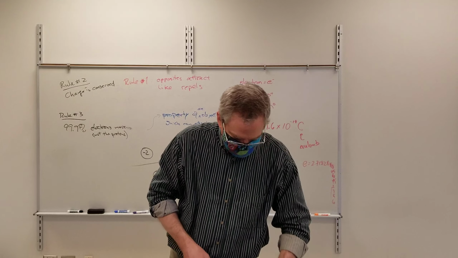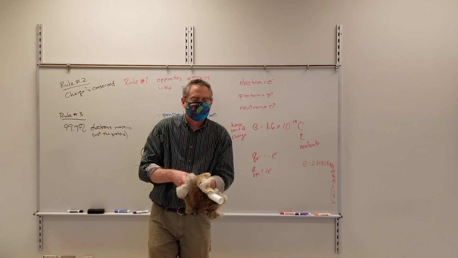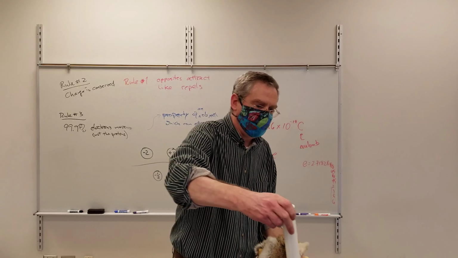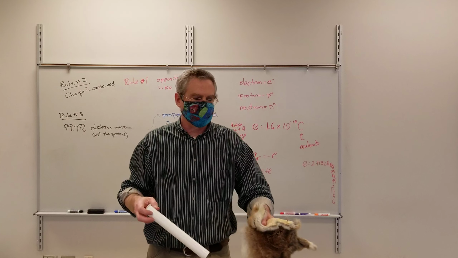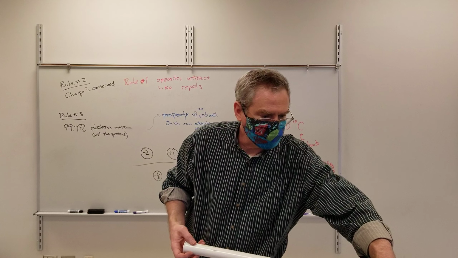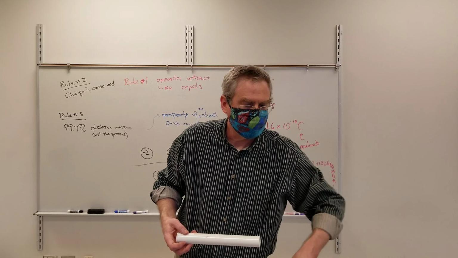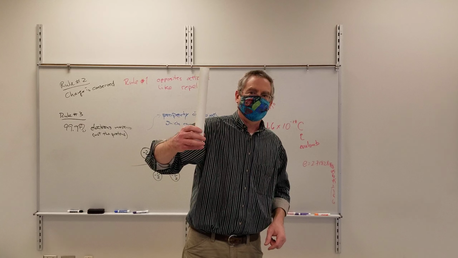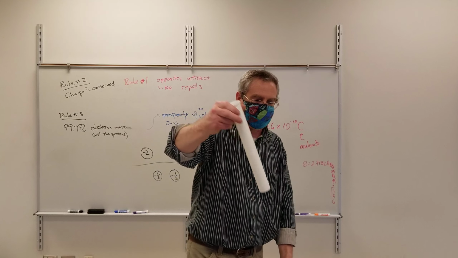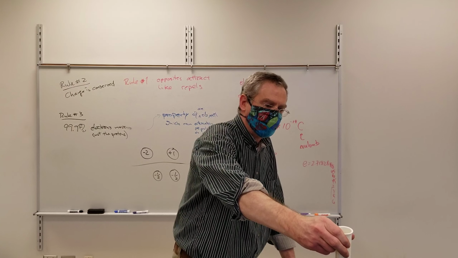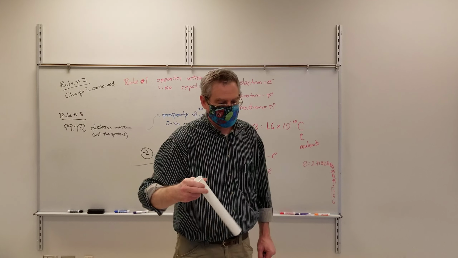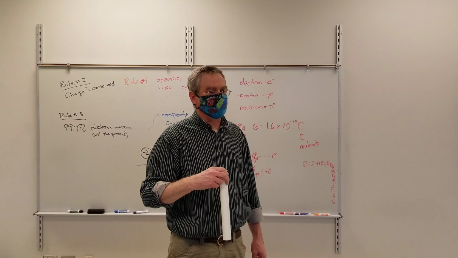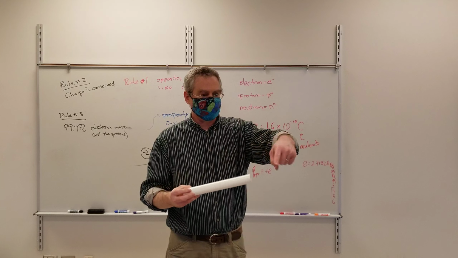Apparently my hands are charged. So it did cause the straw to turn, and I assume this is not on video. All right, this I assume is still charged, we'll find out. As I bring it close, the straw gets repelled. So what conclusion can we draw about the charge of this and the charge of the straw?